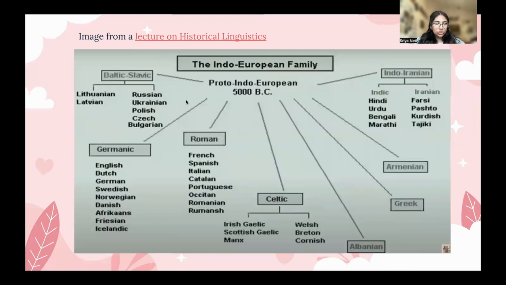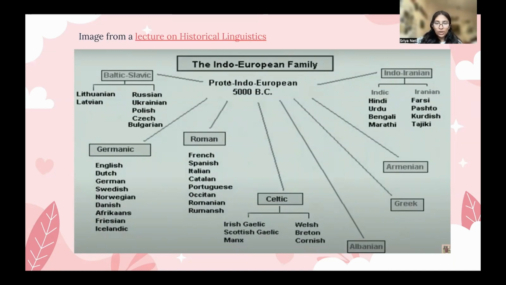I mean, this one stretches from Norwegian and Swedish to Bengali and Marathi. And in my head, at least, I don't really consider Bengali and Norwegian to have many similarities. But from this language family, you can see that they are related and they do have similarities because they come from the Proto-Indo-European language family.